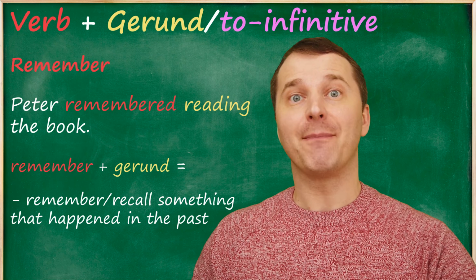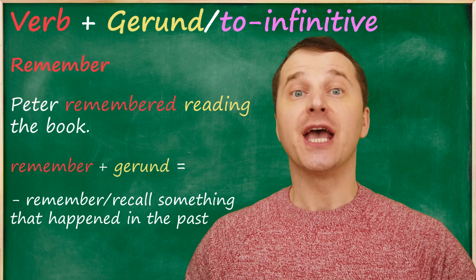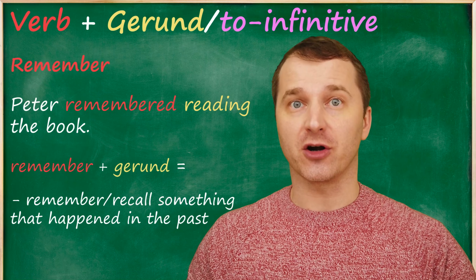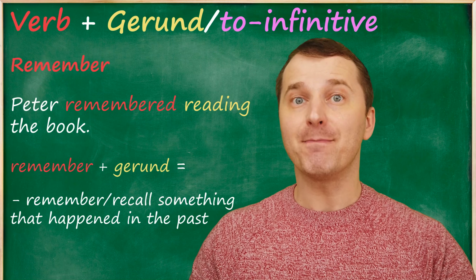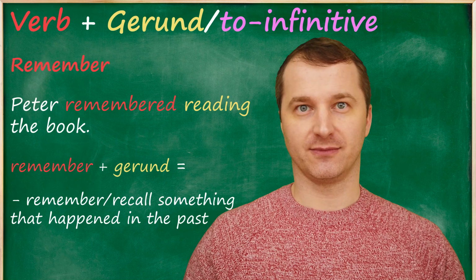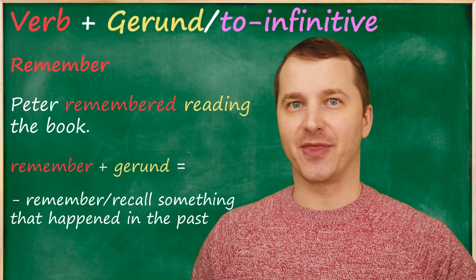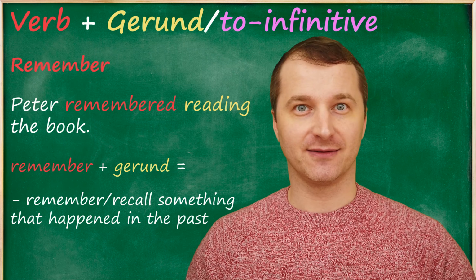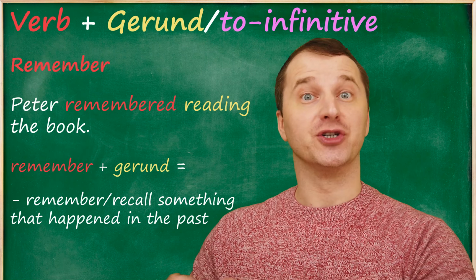We remember something that happened in the past. So here, Peter read the book first, and then he remembered that he had read it. So you remember doing something after you have done it. So first you do it, and then you remember doing it.